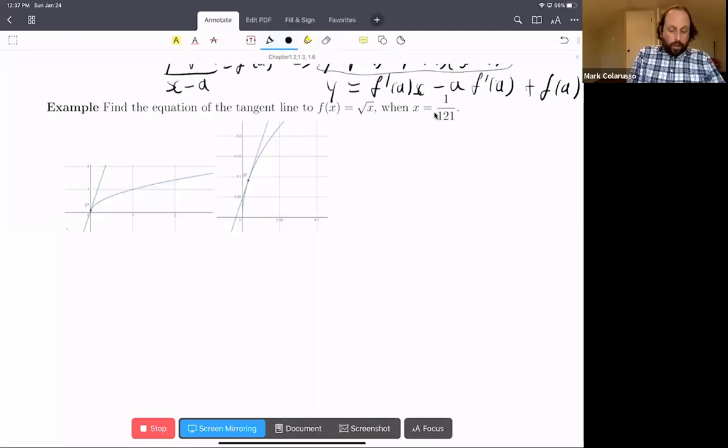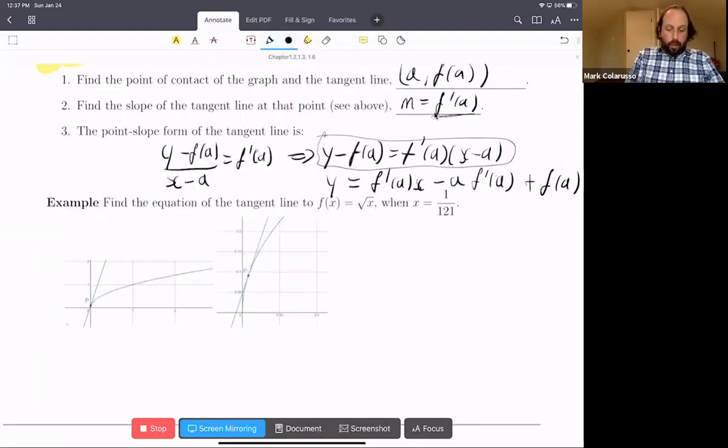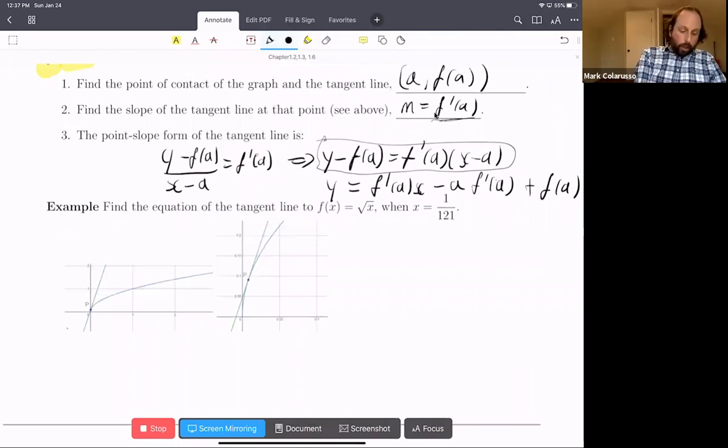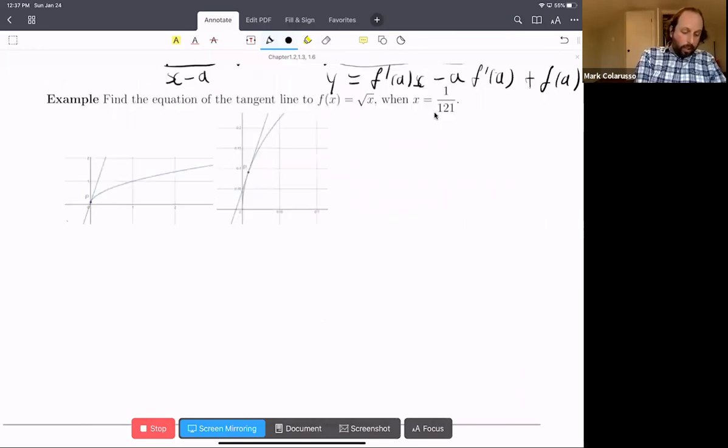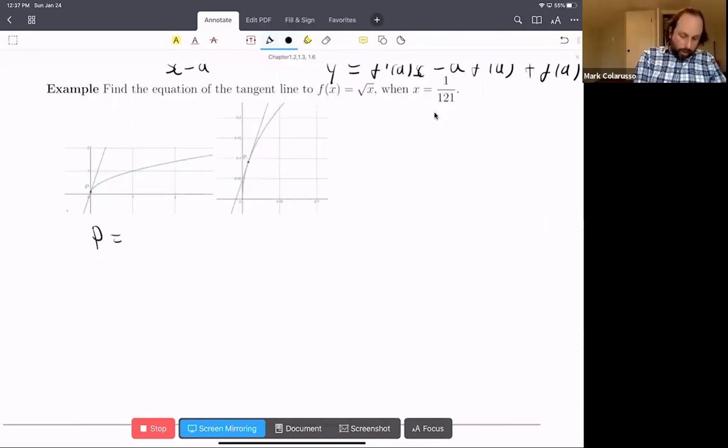Okay, so we can follow these steps. The point in question that we're interested in, the point P, where the tangent line is touching the graph, is the point 1 over 121, and f of 1 over 121, right? Now, what is that? Let's think about that.